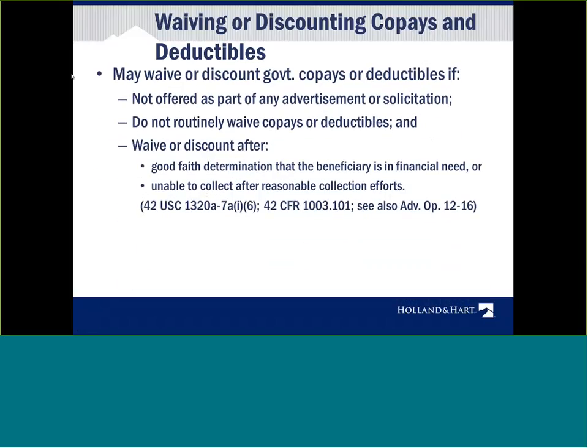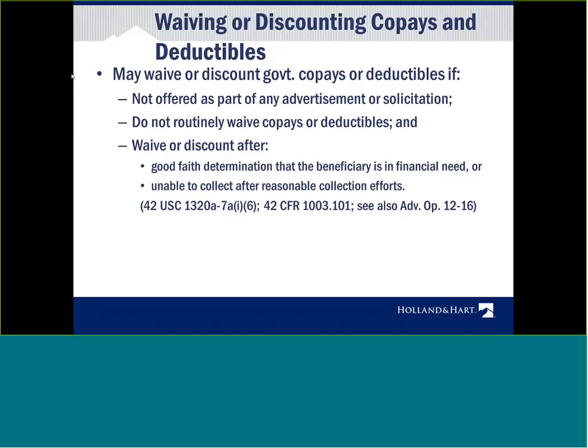So you may, and again, this is going to some of the federal regulations related to the Anti-Kickback Statute and also an OIG advisory opinion, you may waive or discount government copays or deductibles if such waiver or discount is not offered as part of an advertisement or solicitation, you do not routinely waive copays or deductibles, and the action is taken after you've made that good faith determination that there's a financial need or have been unable to collect after reasonable collection efforts.